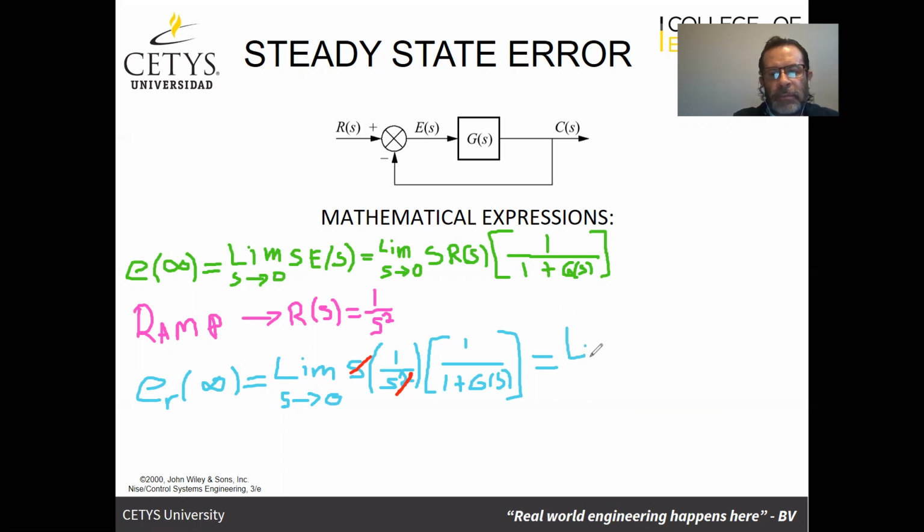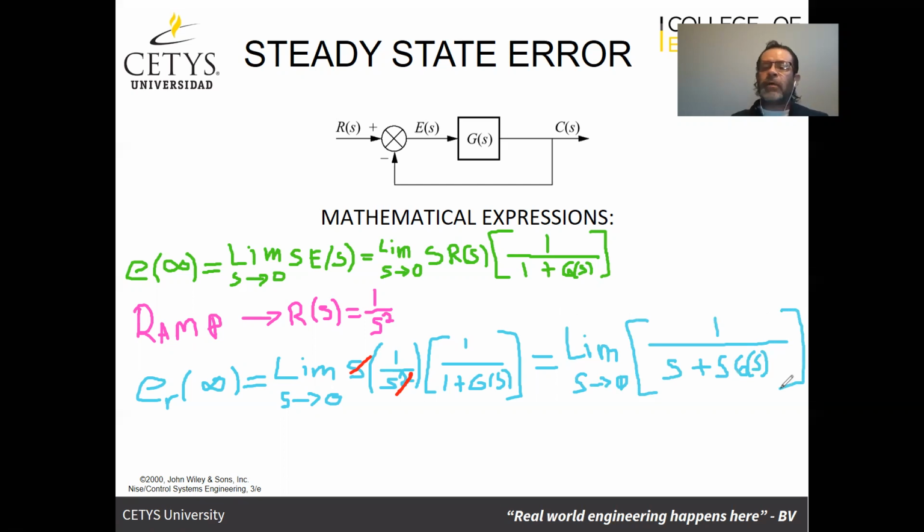The limit when S tends to 0 of S plus S G of S, and a 1 here. And so what happens now is if I apply the limit, S is going to be 0, so this would be eliminated.